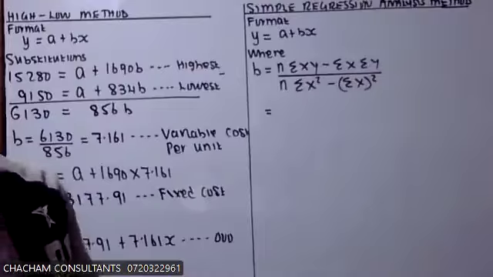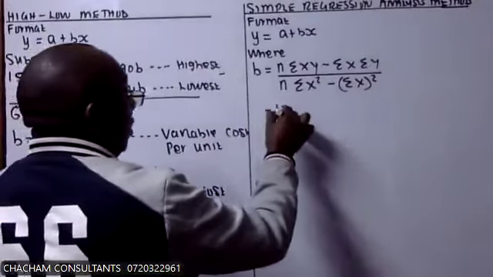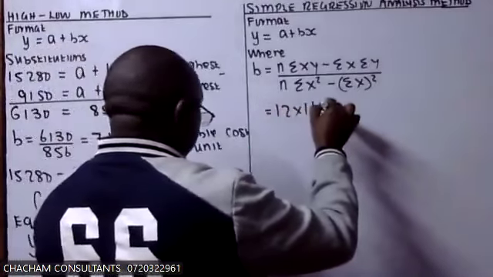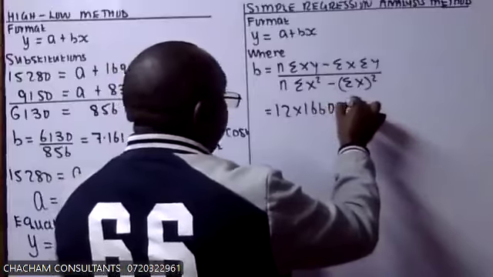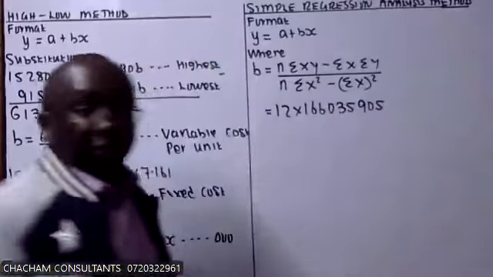So tell me whether you get these values. So it is 12 times 166,035,905. Tell me whether you have gotten that figure.